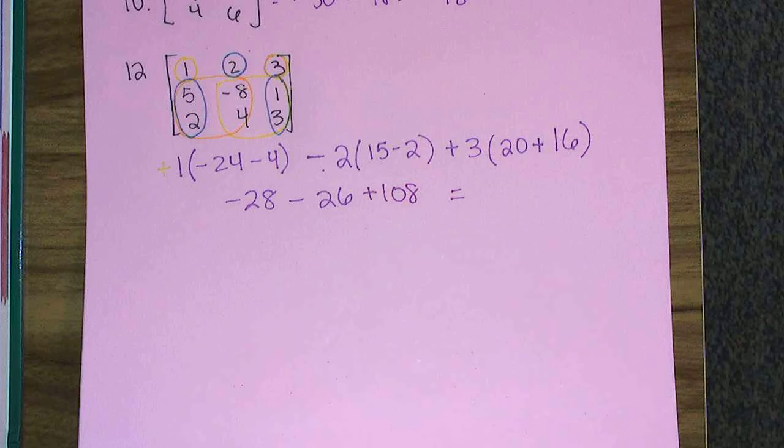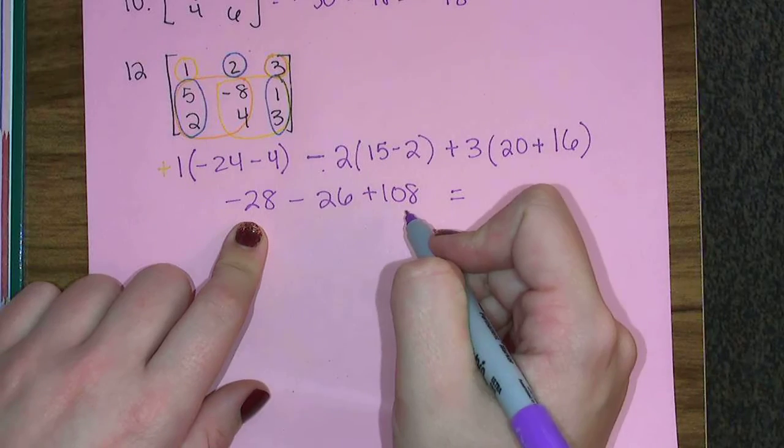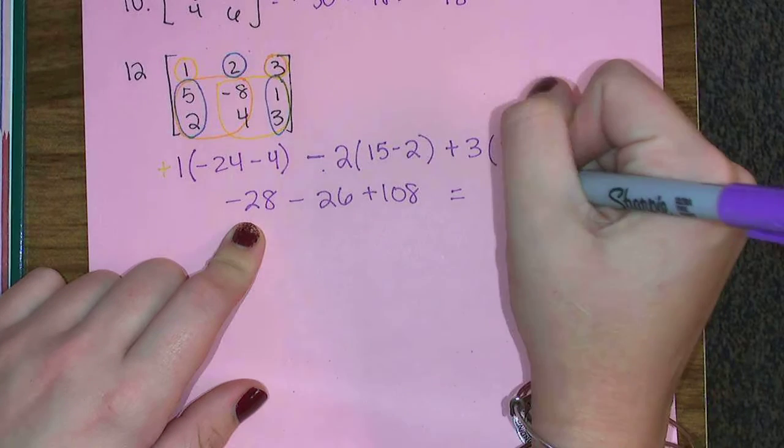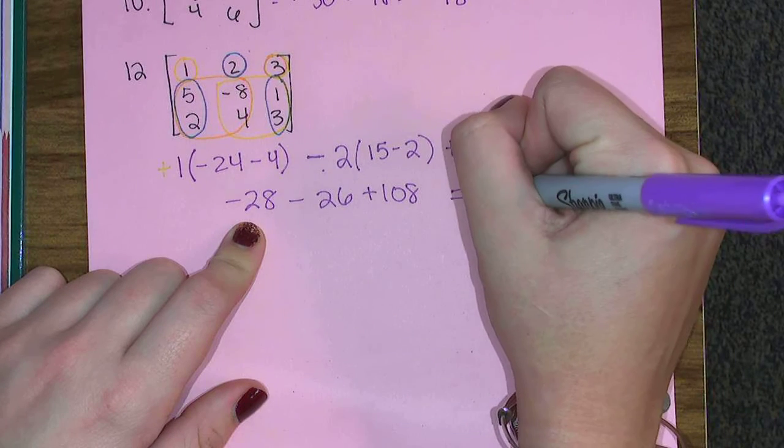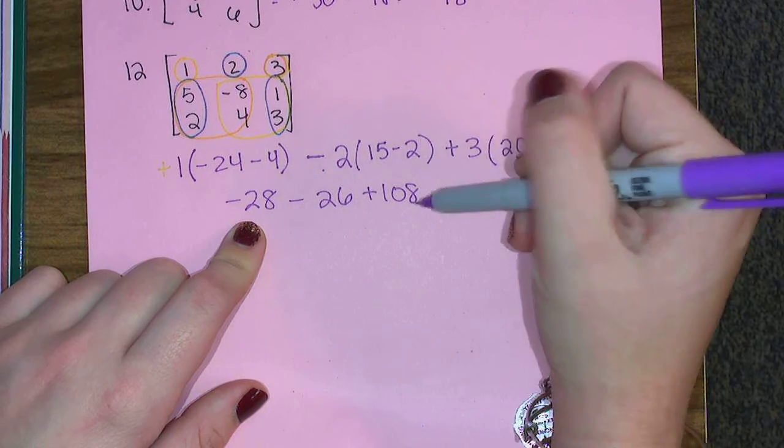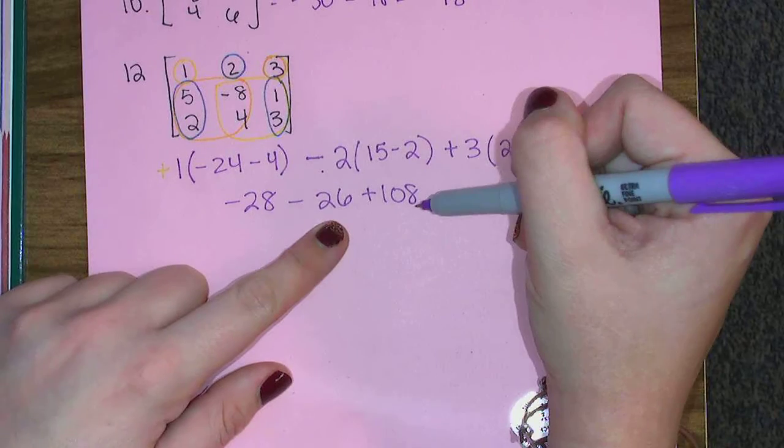So what is that? So, is that right? 108 minus 28 would be 80. Yeah.